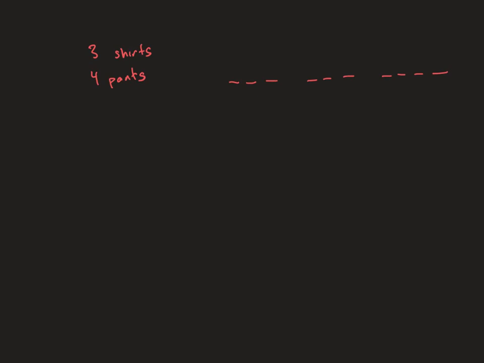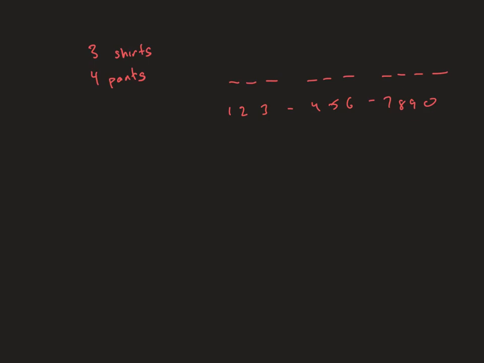For instance, your phone number could be 1, 2, 3, 4, 5, 6, 7, 8, 9, 0. That would be a pretty cool phone number to have. So how many different phone numbers do you think there are that you could possibly make?